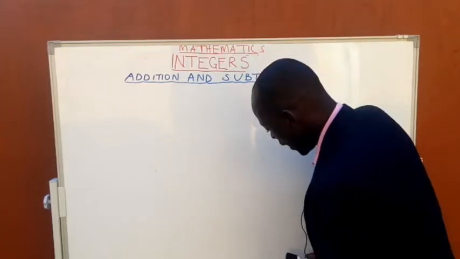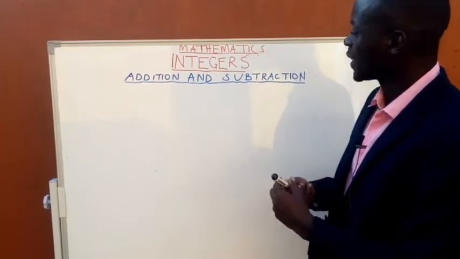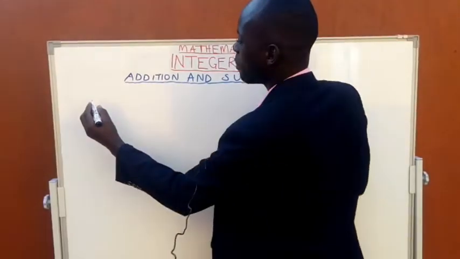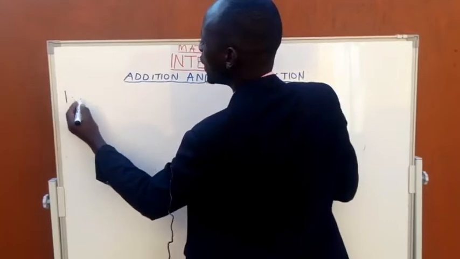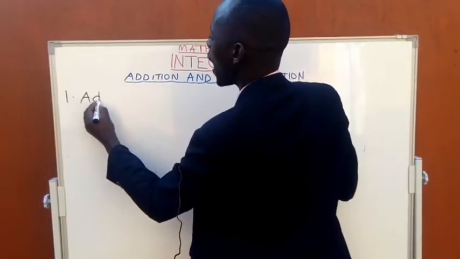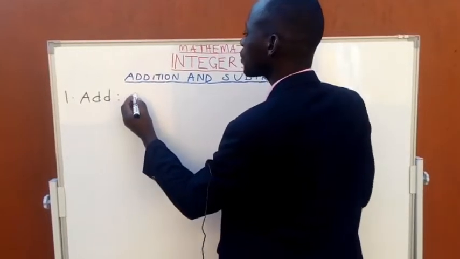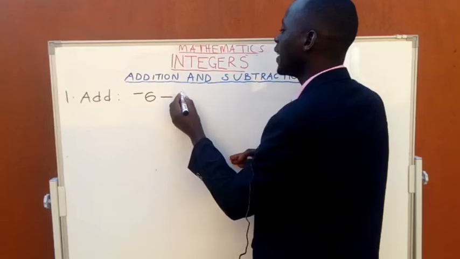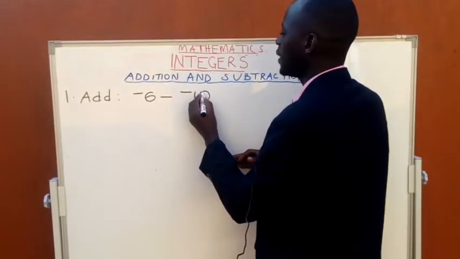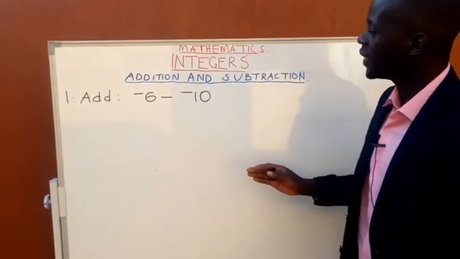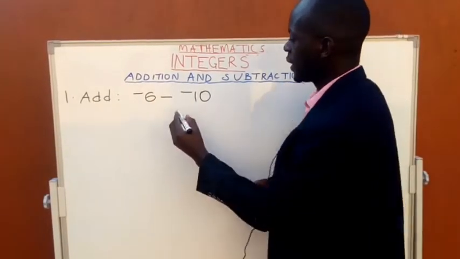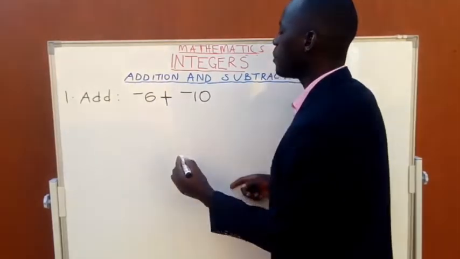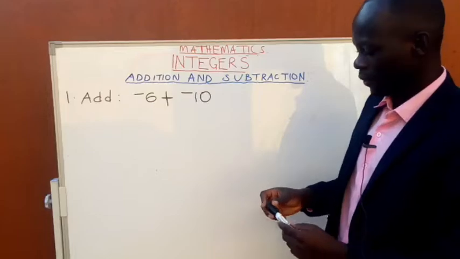Now, we want to look at these examples when we are adding and subtracting integers. For example, if you have this number and they are saying add negative 6 plus negative 10.